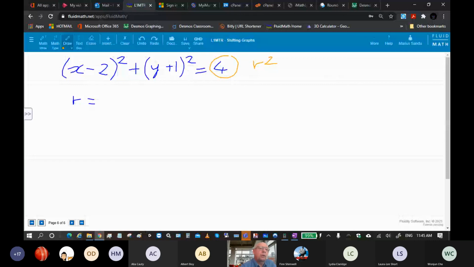And now lateral shift. Lateral shift is going to be 2 to which side? Right or left?